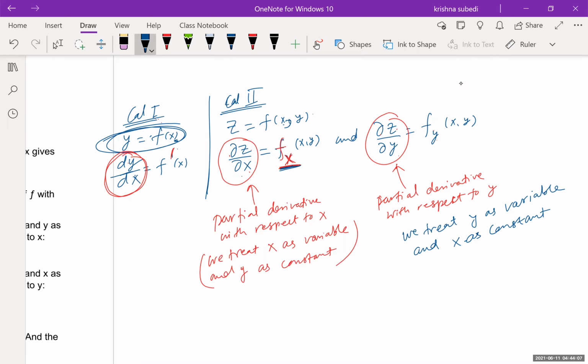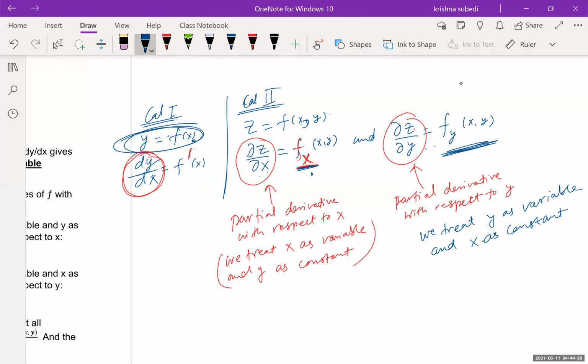This is actually the marginal change. When there is a change by 1 unit of x, what is the change in the function? That's what it is. Marginal change with respect to x. This side is marginal change with respect to y. So keep that in mind.